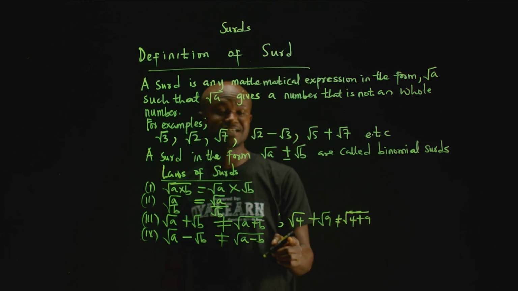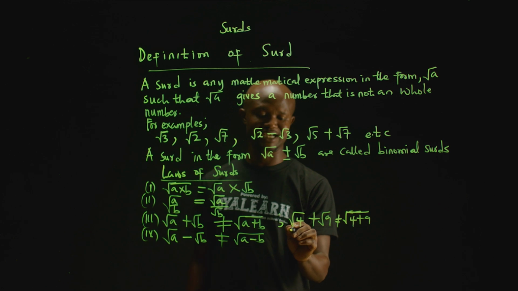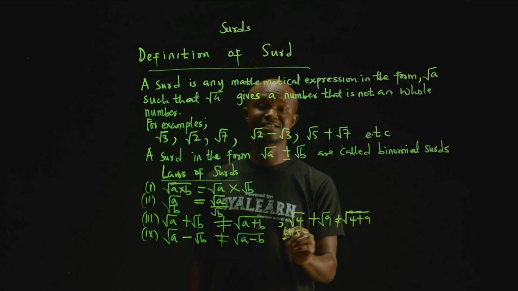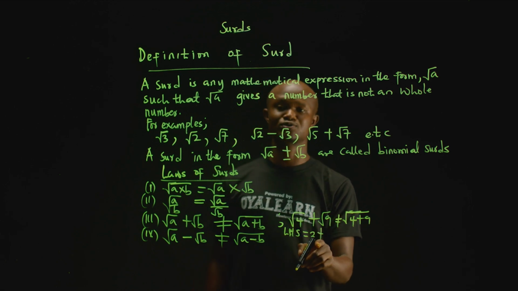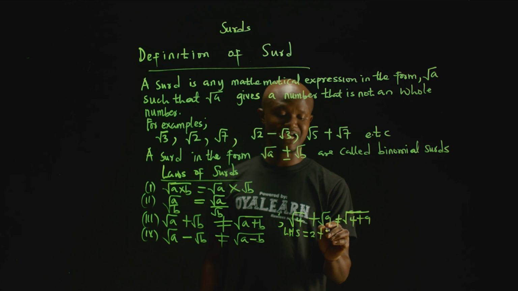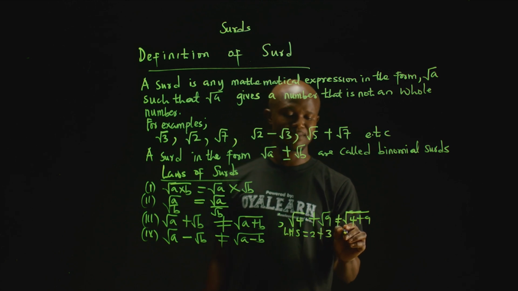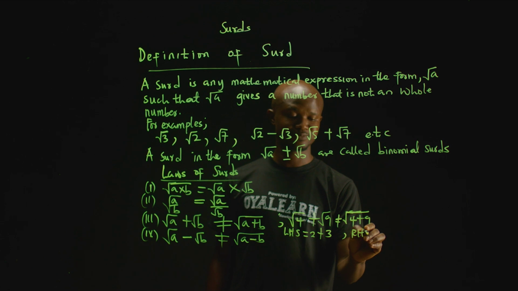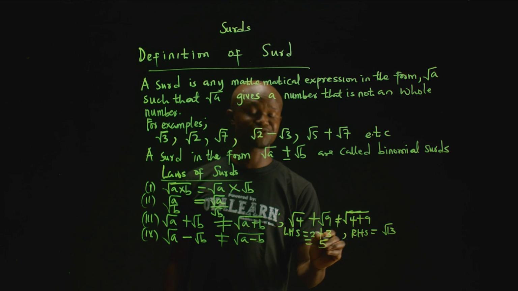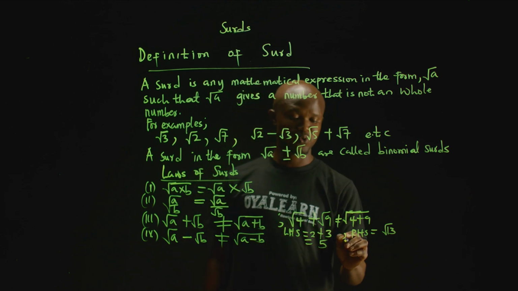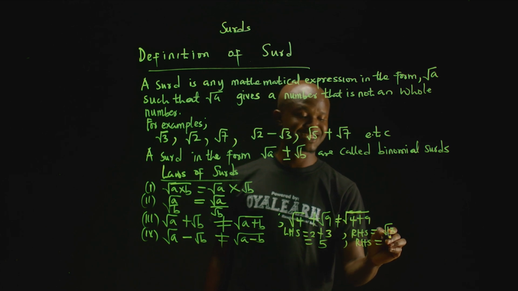Now simplifying, my LHS will give 2 plus 3, because square root of 4 is 2 and square root of 9 is 3. While my RHS will give me square root of 13. So the left hand side is 5, while the right hand side is square root of 13.